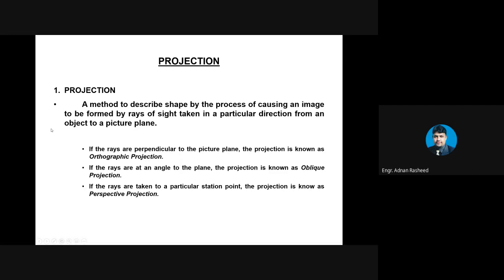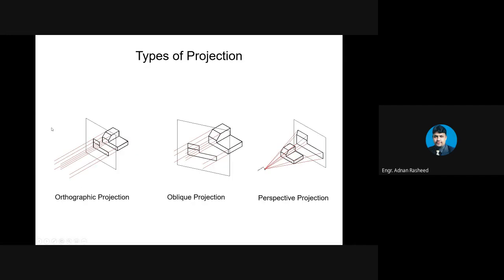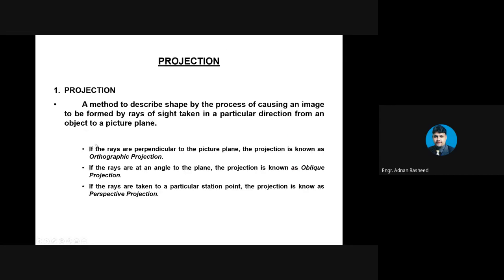You can see in a different example that these are the objects and these are the rays of sight originating from the object and hitting the plane. These red lines are known as projectors, this plane is known as the picture plane, and the image formed on the picture plane is known as the projection.